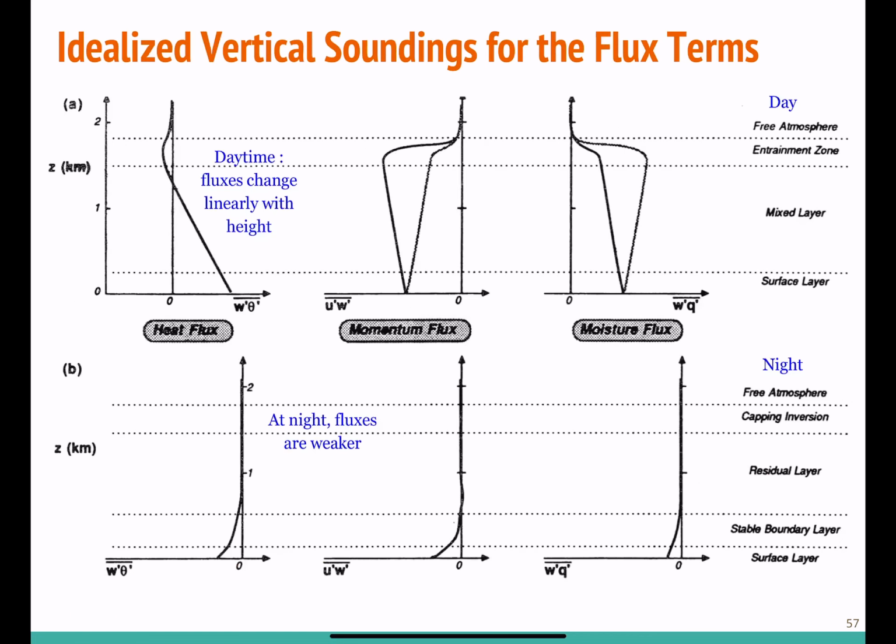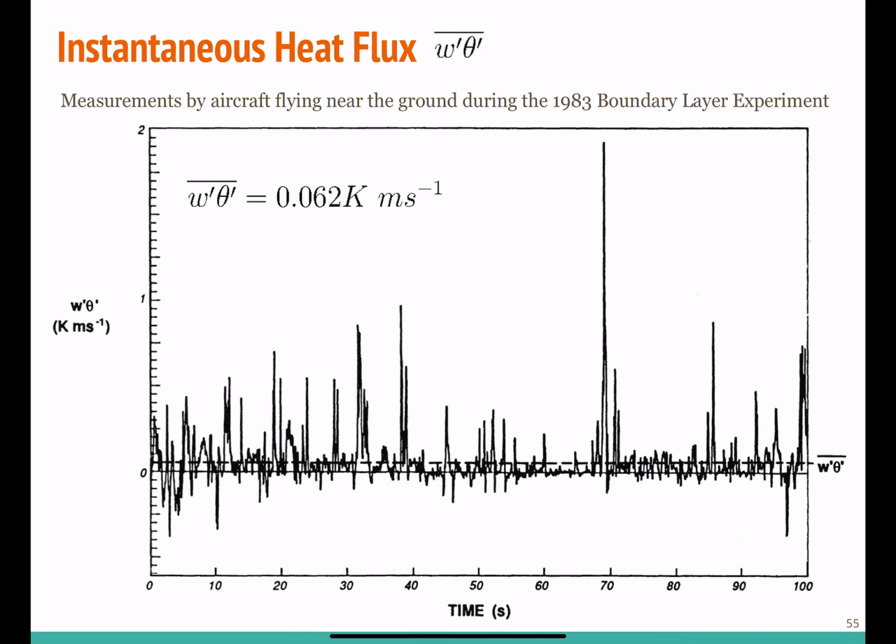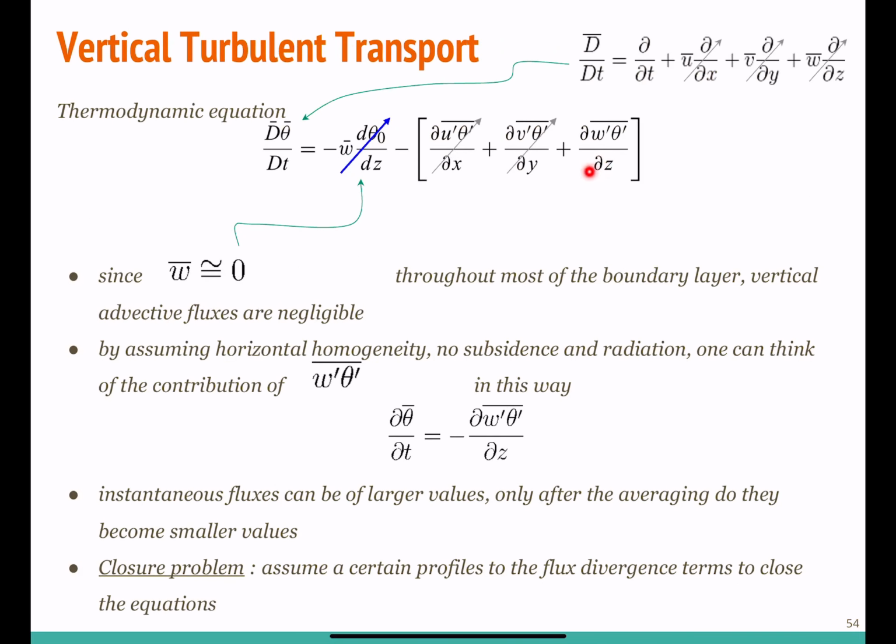We should also study the profile of the flux of the covariance terms. If we know the change of this over height, we know this term, right? And then we can know if it's cooling or warming.